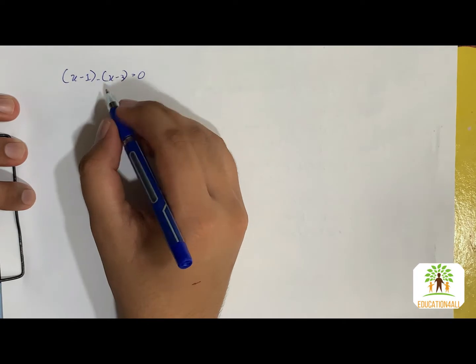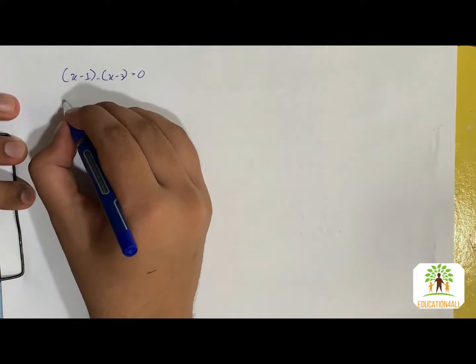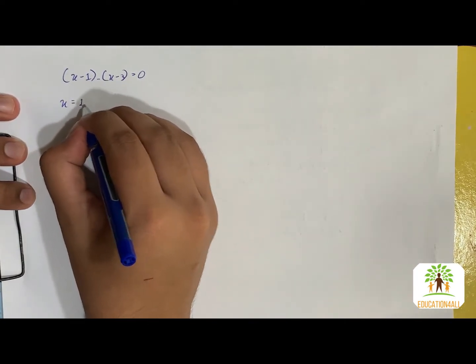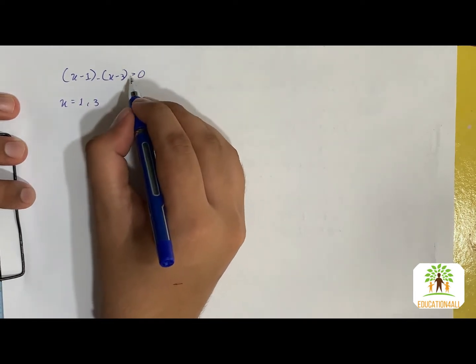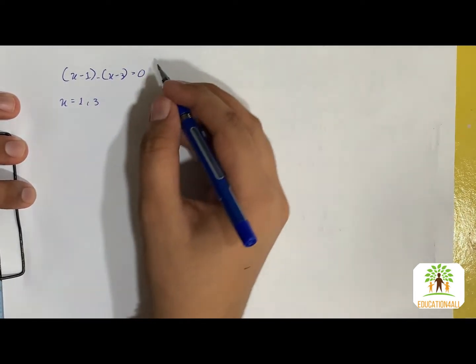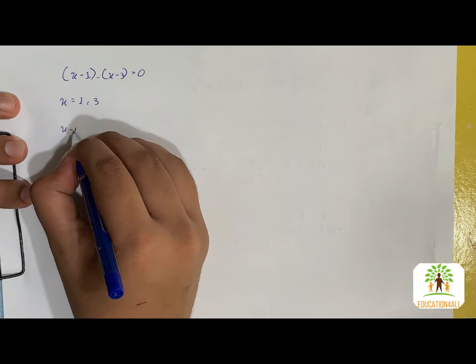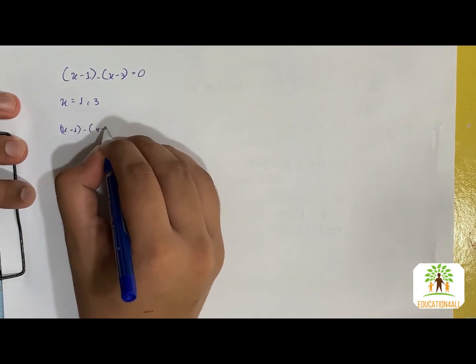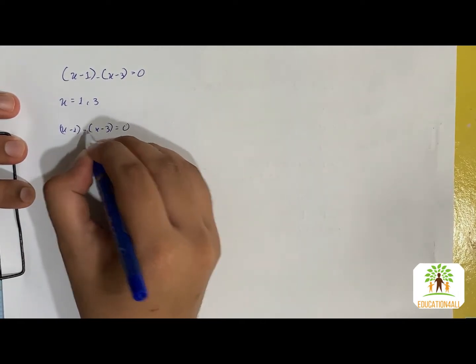Here, the two critical points are 1 and 3. Basically, the critical points are the solutions that you would have found if we equated the equation, (x minus 1) times (x minus 3), to 0.